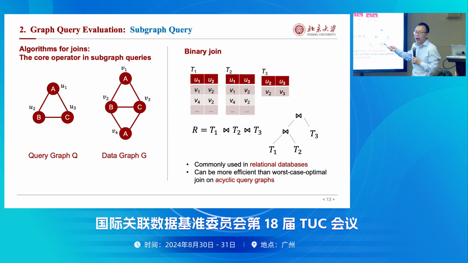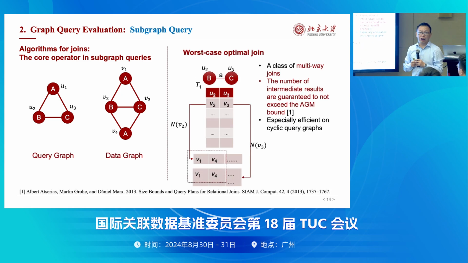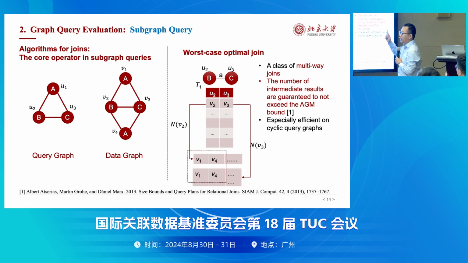For example, we can use the hash join to do this, following the left-deep join tree. This is one query plan. The other one uses the worst case optimal join. In graph language, it means that in each step we extend one vertex at a time. For example, this is a worst case optimal join plan.